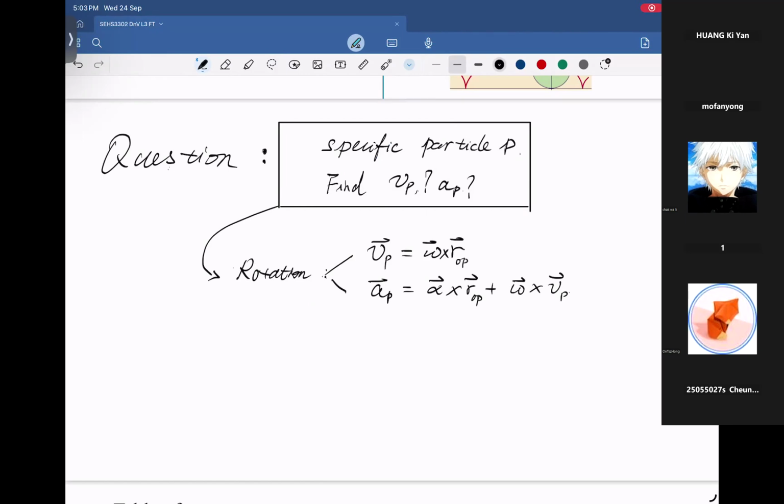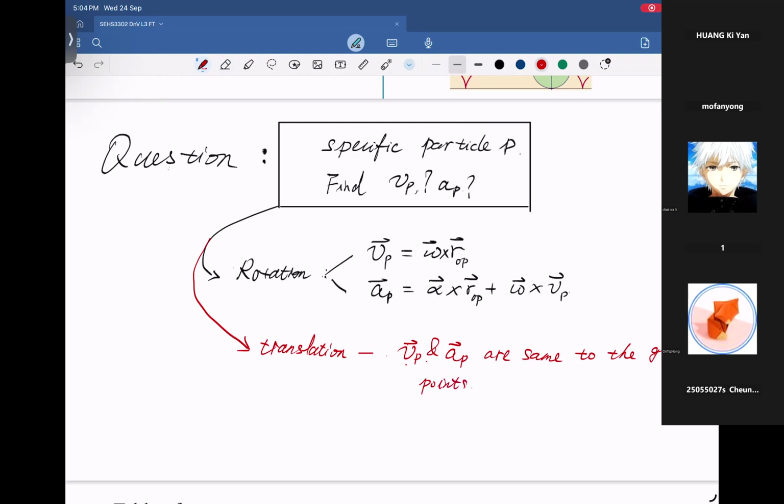And if it is in a translation, translation is also quite simple, because in translation all the points have the same motion, so vP and aP are the same as for the given point.